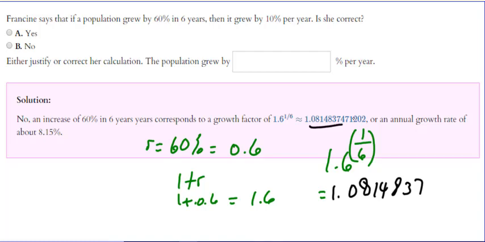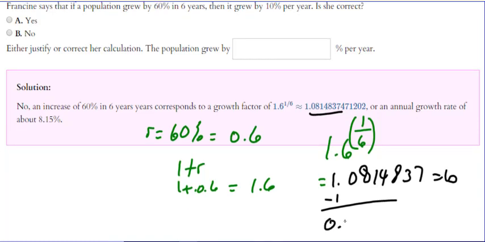Now, that's my b. If I subtract 1, so if I go minus 1, that's going to give me 0.0814837, which would be, if I move that over 1, 2, 8.148.